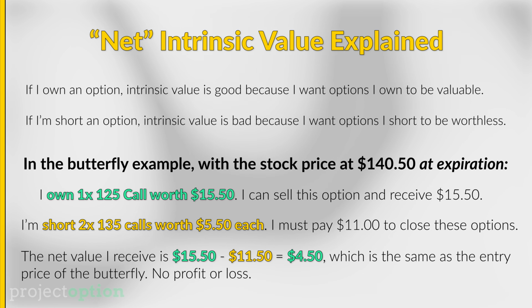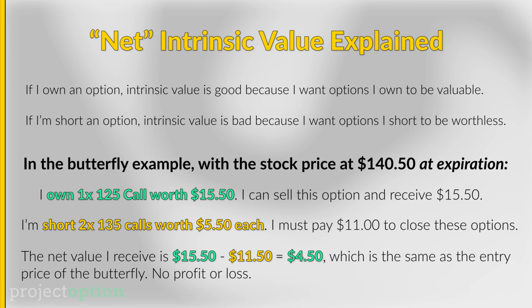What this means is that since I own the 125 call option, if I want to sell it at expiration or right before expiration, when it is only trading with the $15.50 of intrinsic value, then if I sell that option, I will sell it for $15.50. But I am short the 135 call options. And if I want to close those 135 call options, that have $5.50 of intrinsic value, then I will need to purchase those options to close them.